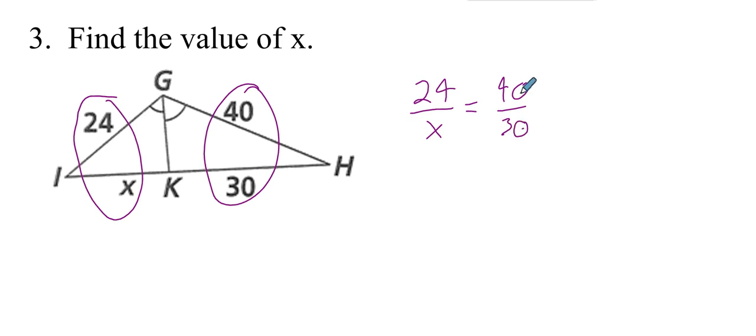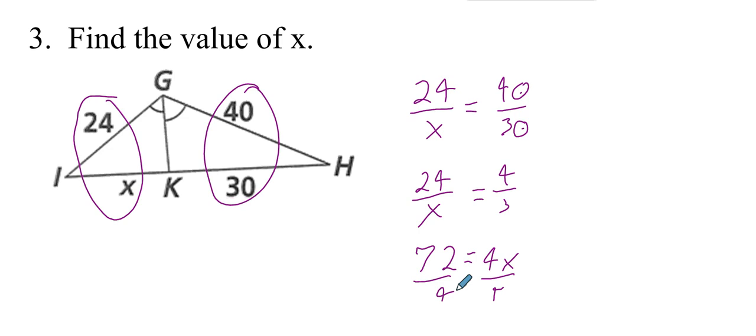At this point, I like to recognize that 40 over 30 can be simplified to just 4 over 3. Then my multiplication ends up being a lot more straightforward, dealing with smaller numbers that can be easier. So as I multiply out, I get 72 is equal to 4x. Divide both sides by 4, and I get x is equal to 18.